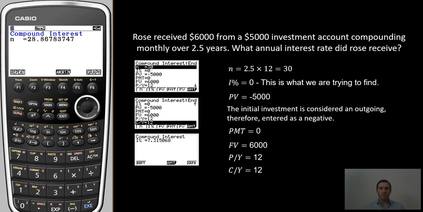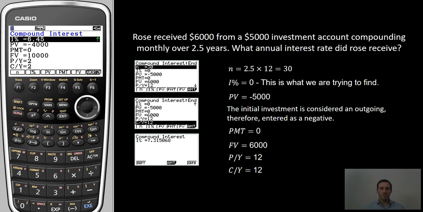Suppose Rose received $6,000 from a $5,000 investment account compounding monthly over 2.5 years. What annual interest rate did Rose receive? We'll press exit to go back to the compound interest menu, and we'll enter in our data again. This time we're going to enter 30 for N. We're trying to find the interest rate this time, so we'll enter 0 for the interest rate.